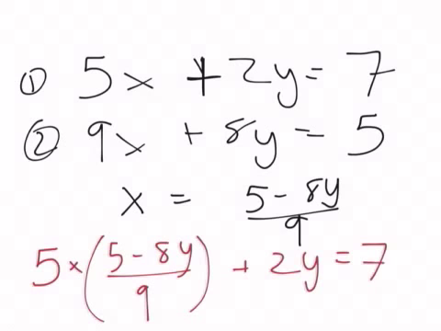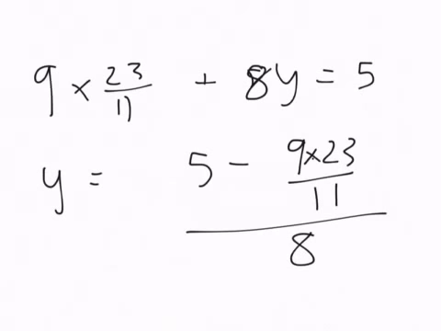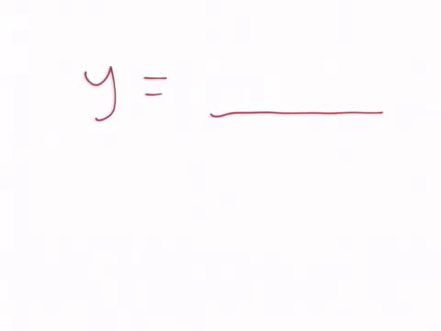I can then rearrange this. You can do that at home, and you will get y equals a number. In fact, the number you'll get is this, 5 minus 9 times 23 over 11 divided by 8, which you can put in the calculator. And that is basically the method of substitution.